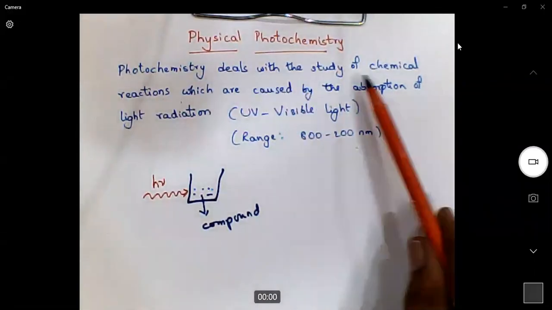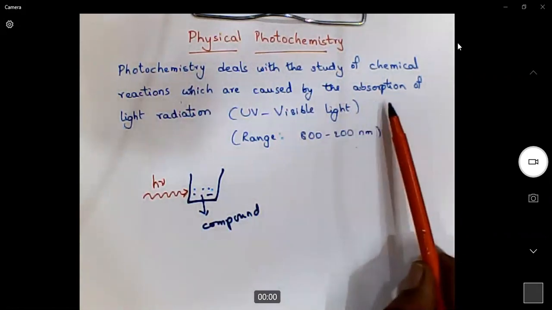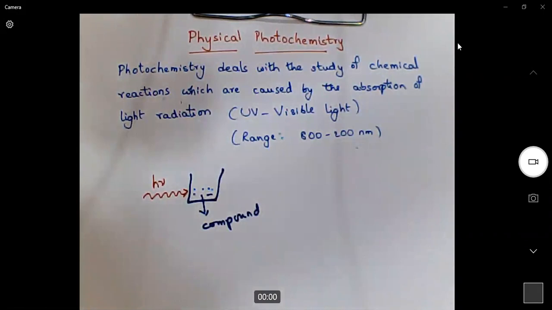Photochemistry deals with the study of chemical reactions which are caused by the absorption of light radiation. Generally, we use UV visible light for doing photochemical reactions.